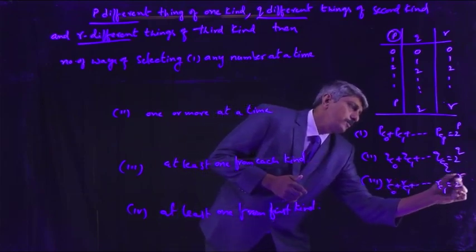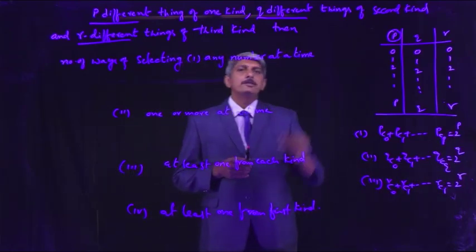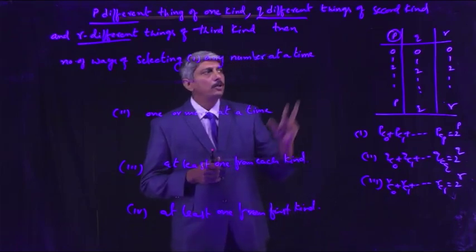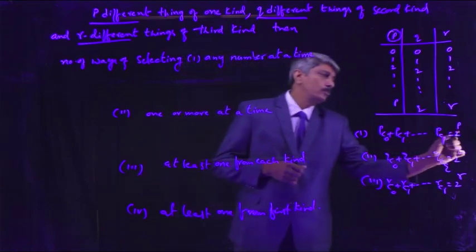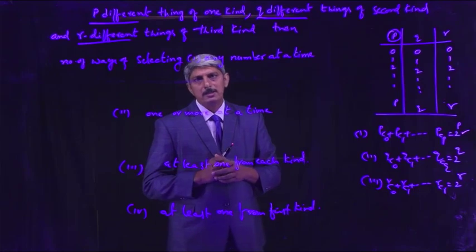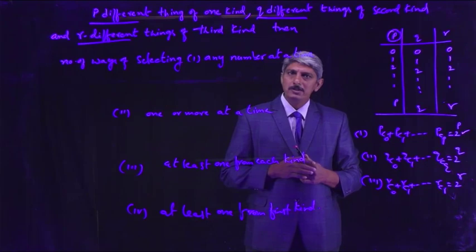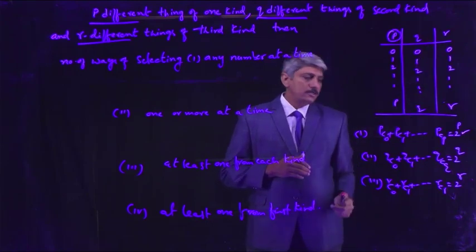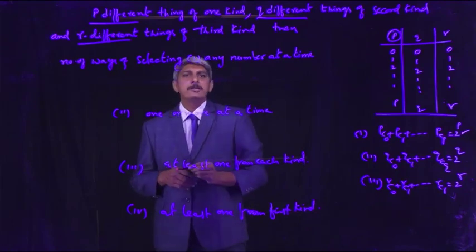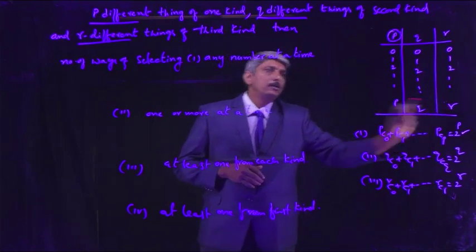This is equal to 2 power R. Okay, the number of cases selecting either 0 or 1 or 2 and so on up to P out of P different things is 2 power P, but in the previous case we have only P plus 1 cases. Similarly, here 2 power Q out of Q things, and 2 power R cases out of R things. Now the number of cases selecting any number means we discuss all these cases.